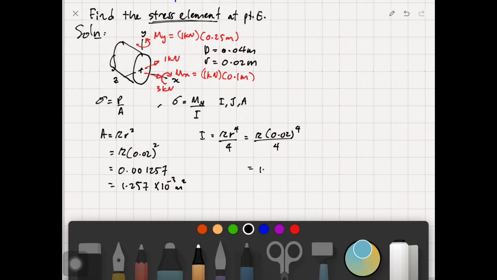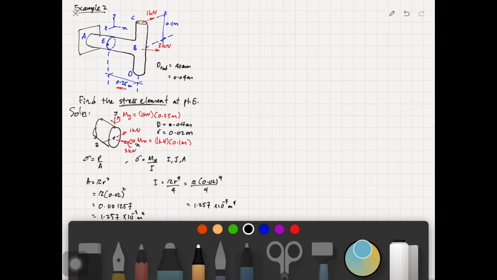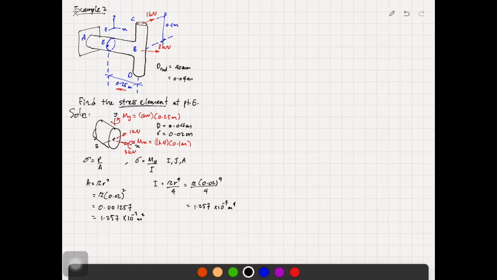You're going to get the value 1.257 times 10 to the power of -7, and the unit now is meter to the power of 4. So there are two of the components: one for normal stress, the other, I, for bending stresses.